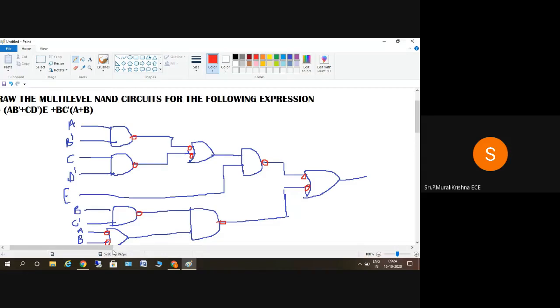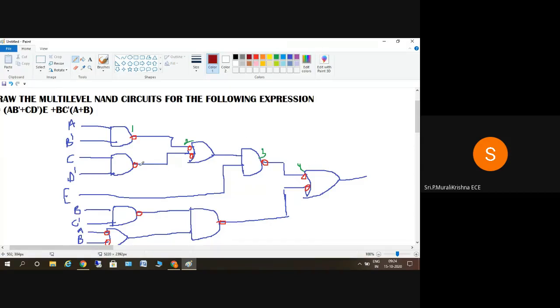Or else we'll complement the inputs, or insert an inverter. Let's see here. This is the first line. The first bubble is compensated with the second, so it is an even number, and there is no need for an extra one. So this line is okay.